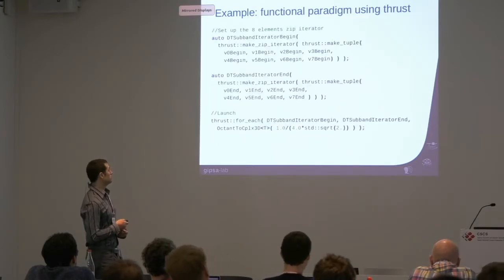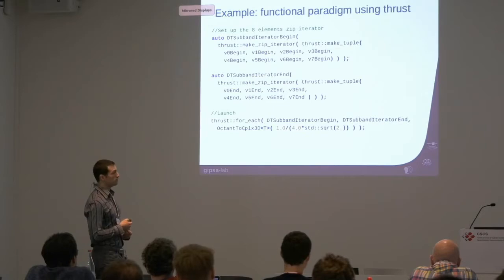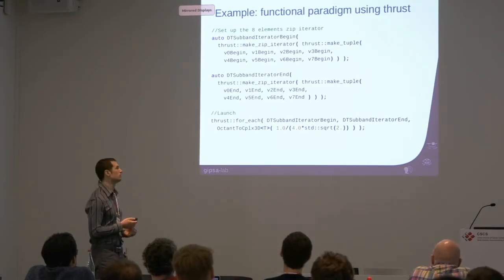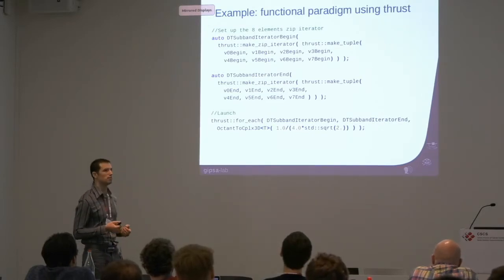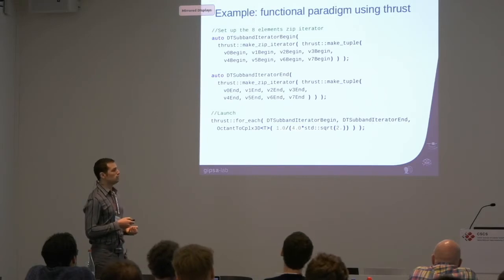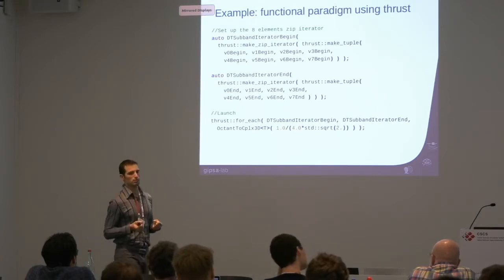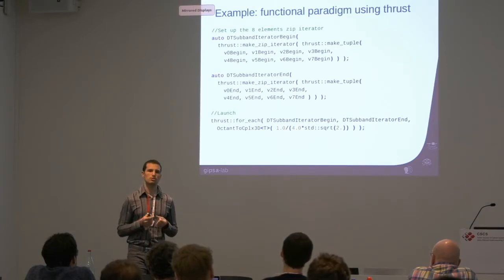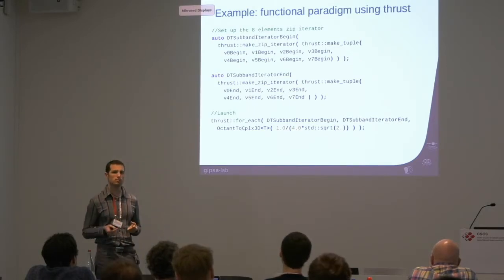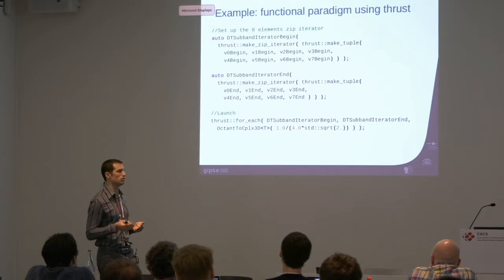So what I did is use the zip iterator. You may have heard of it. A zip iterator is simply a way to generate what is called a structure of arrays, SOA, as opposed to an array of structures.